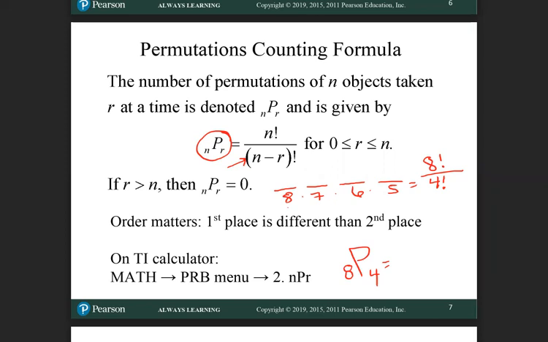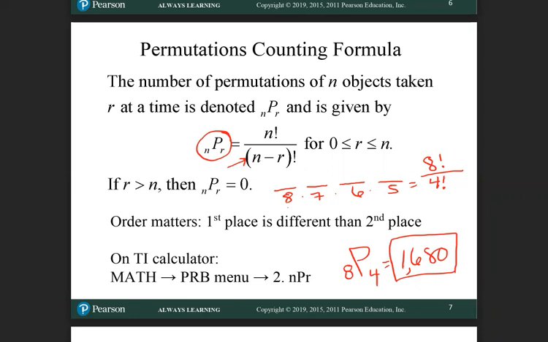You should get 1,680. And if you tried it by the multiplication, 8 times 7 times 6 times 5 should give you the same answer, 1,680. That's if you have 8 items and you're shuffling only 4 of them.